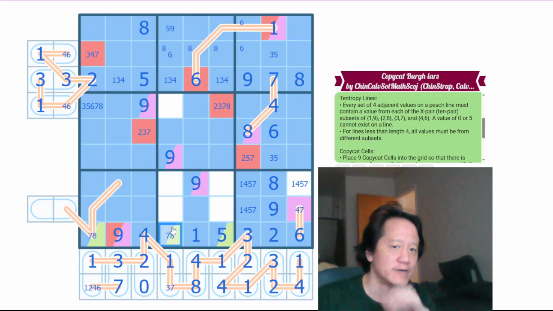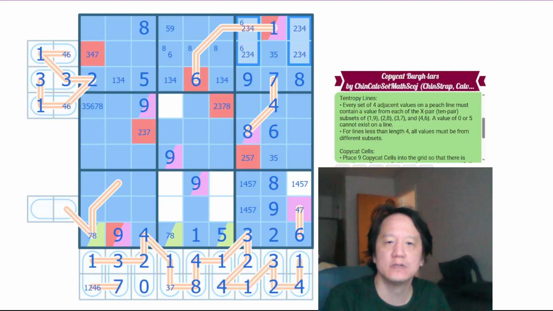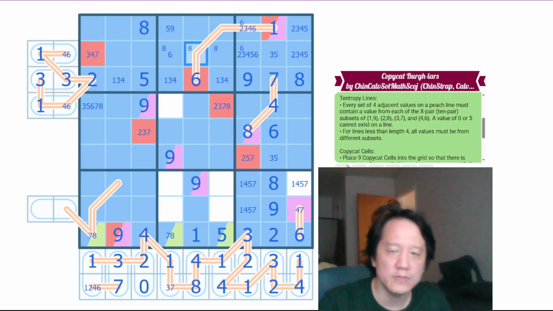Remaining digits of box 3, we have 2 through 6. Obviously, no 5 on the Tentropy line. No 6s here, because of 6 in the column. Okay. Tentropy line cannot have 1 or 9.